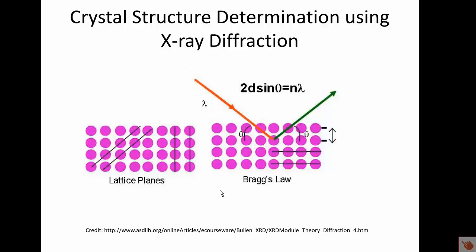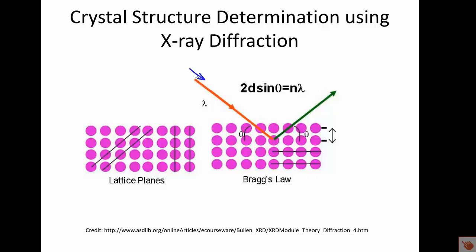Let's come back to X-ray diffraction. The purple dots represent atoms in a crystal, and we can identify sets of planes that could describe this crystal.